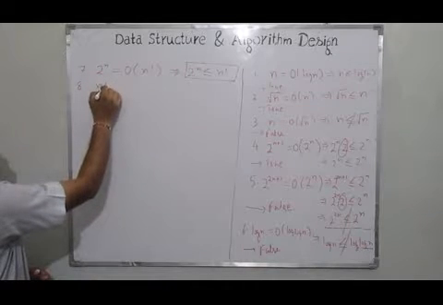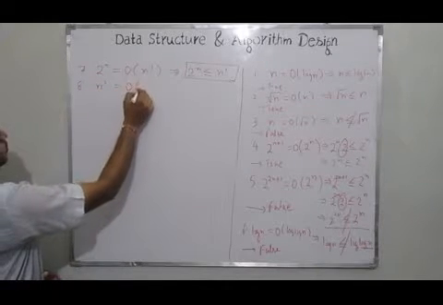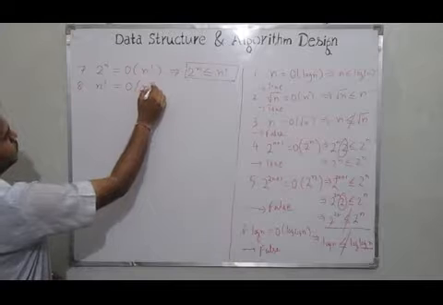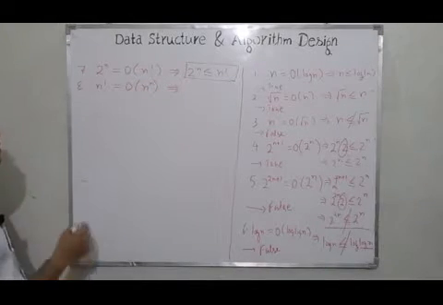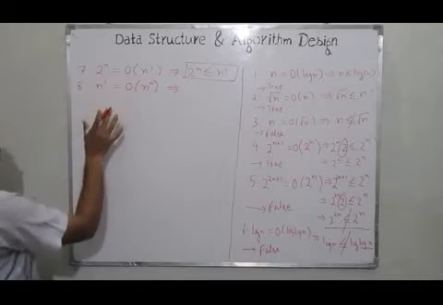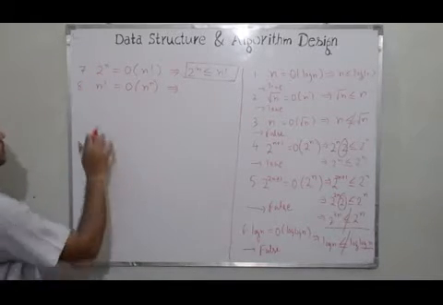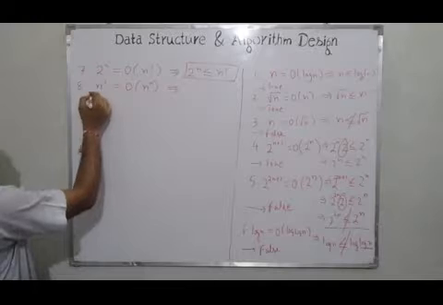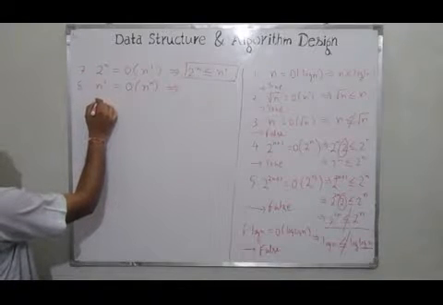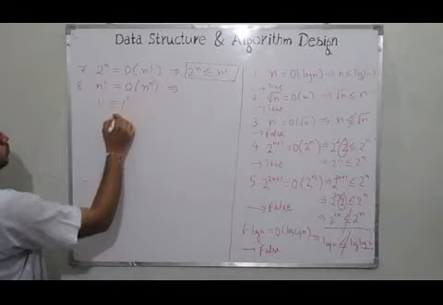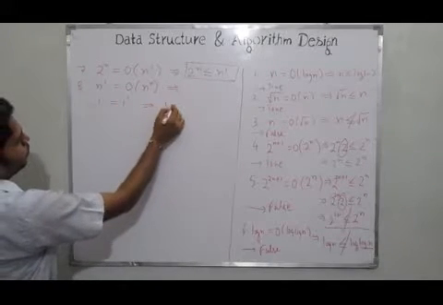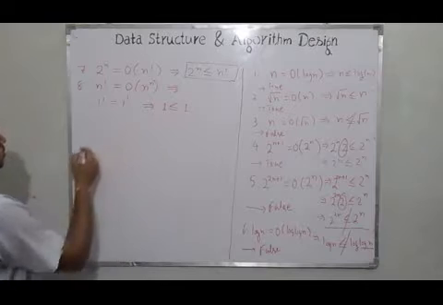So we can further take more examples. If we take n factorial as the order of n raised to power n, fine. So we can again substitute some values to generalize the expression. If I take 1 factorial and 1 raised to power 1, this implies 1 is less than or equal to 1.